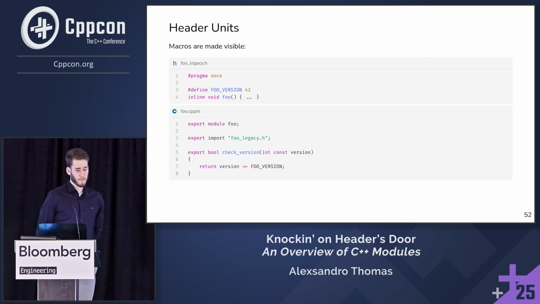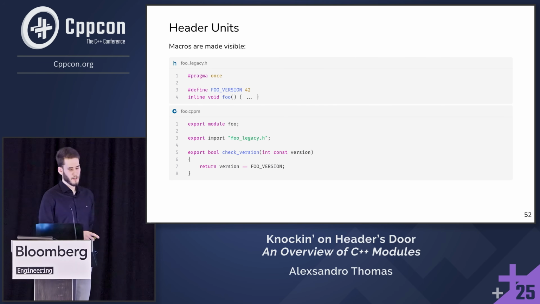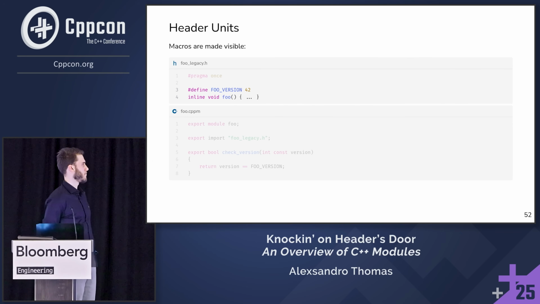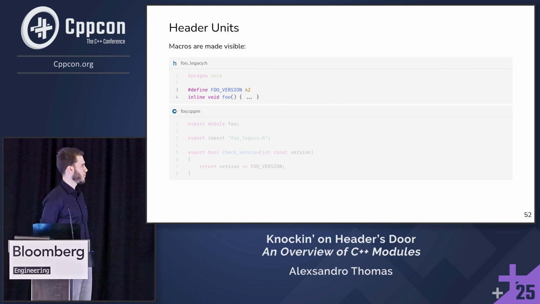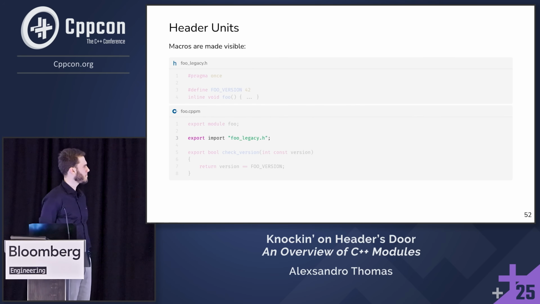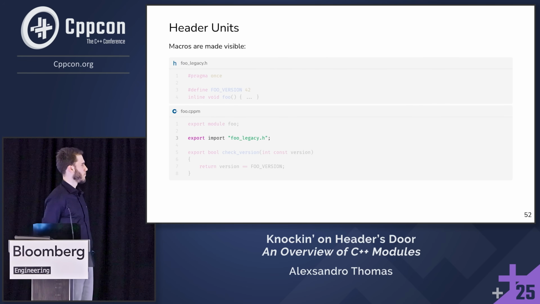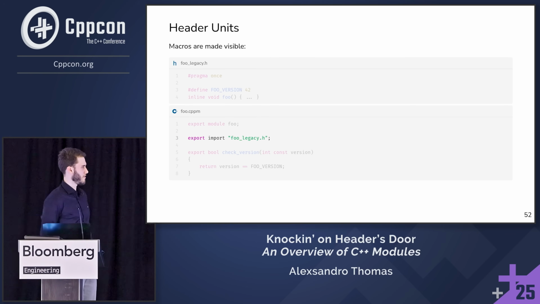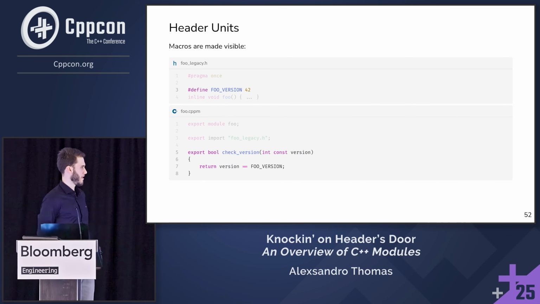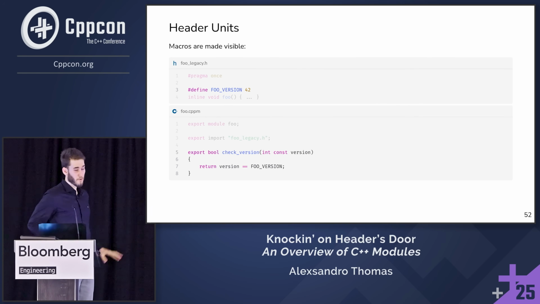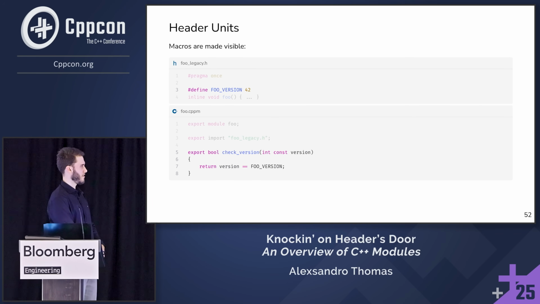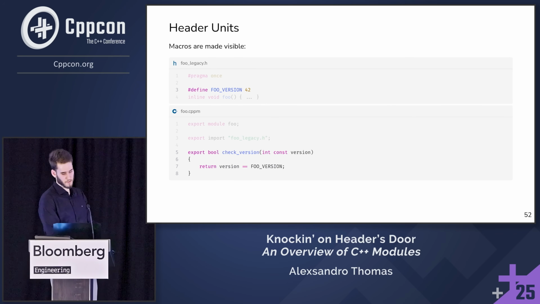And also it's important to know that macros are made visible with a caveat. So if we look at this full legacy header, and we have a definition of foo version, and then this foo function that is defined, and then we have this foo module that exports, imports that header, so it forwards the import of this header unit, and then you have this function there that uses this foo version macro, that will compile just fine because the first thing that imports your foo legacy module unit, header unit, will work successfully.